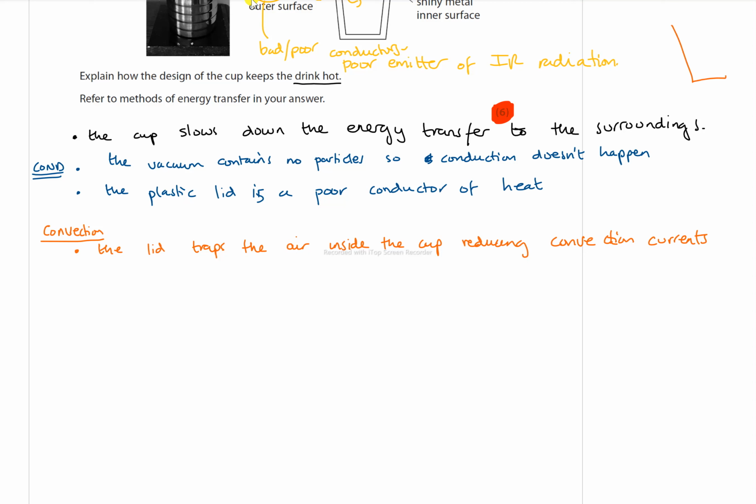Okay, so there's your particle, there's your liquid, there's the lid. So any convection currents that were going to take thermal energy away are just forced back down, so it keeps the thermal energy in.